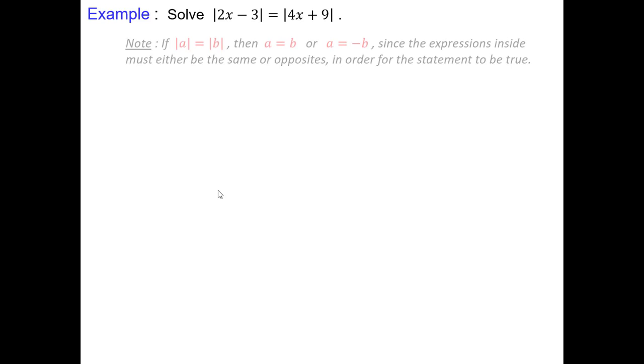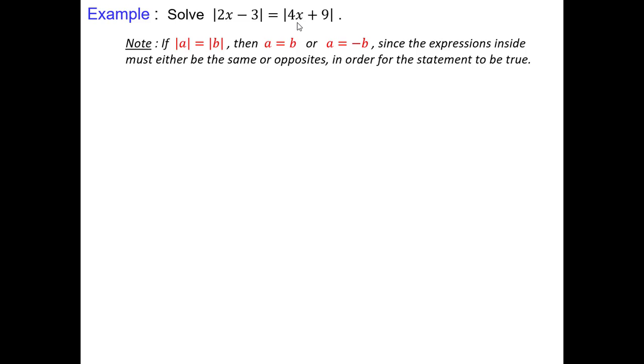Now there's certain instances where you have an absolute value on both sides. But just think about again what an absolute value means. If I were to have the absolute value of A equals the absolute value of B, which is what we see here, then that means that there's two numbers that have the same distance from zero. Well, let's just think about that for a minute.